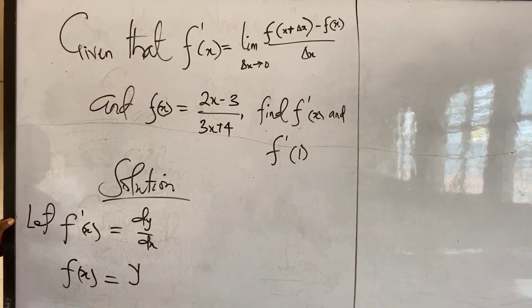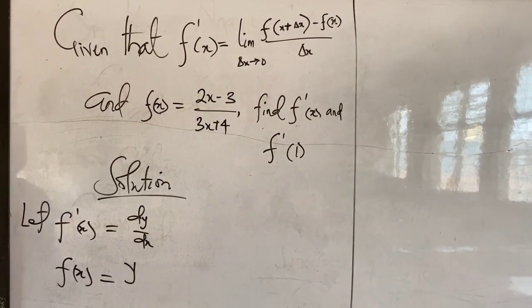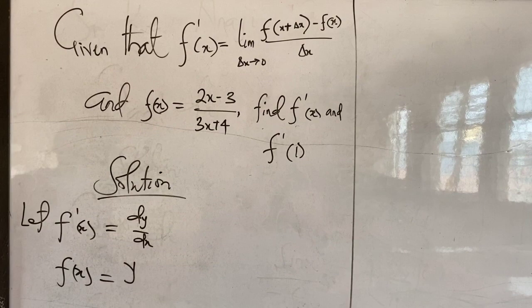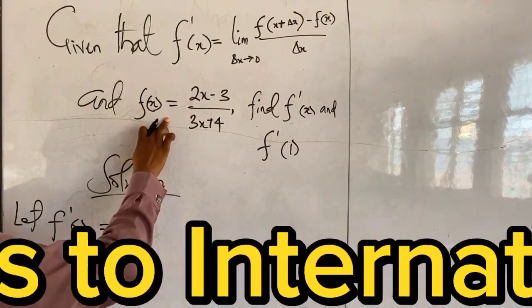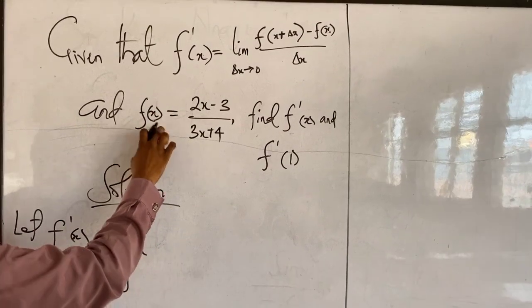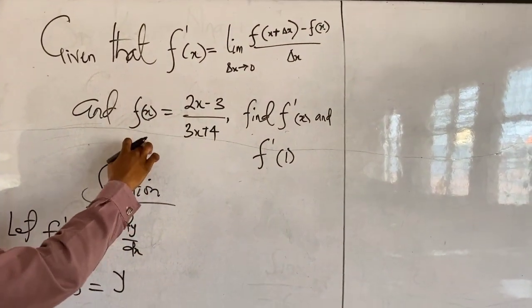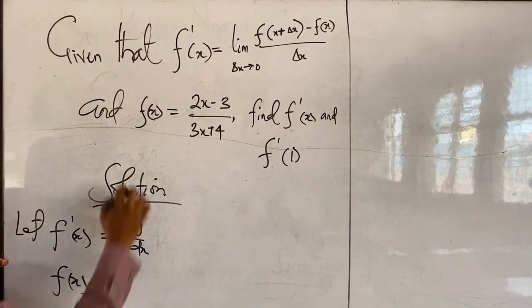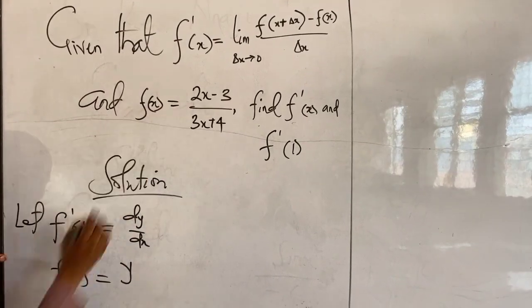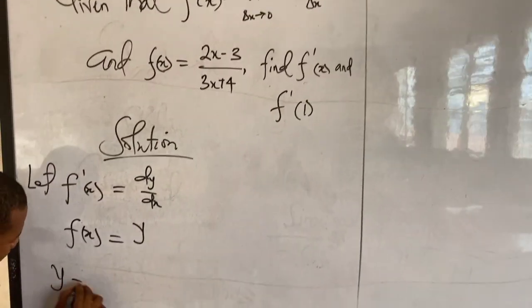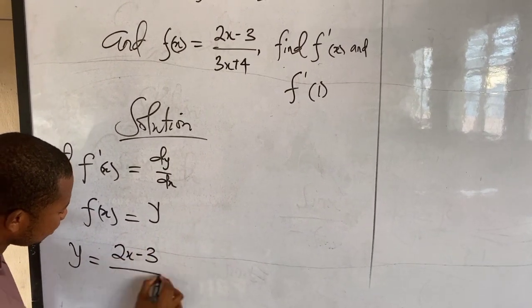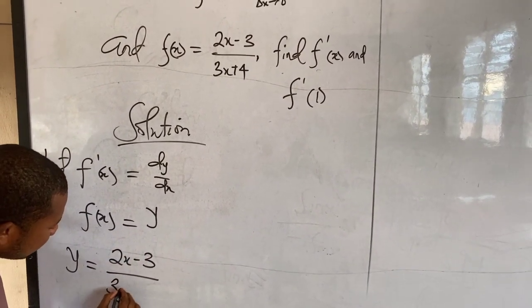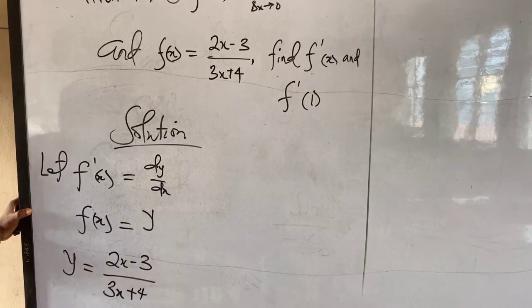So if that being the case, for this equation, which is f of x, I don't want to use f of x, I'm going to use y. Meaning that instead of saying f of x is equal to this, I'm going to say y is equal to 2x minus 3 over 3x plus 4.